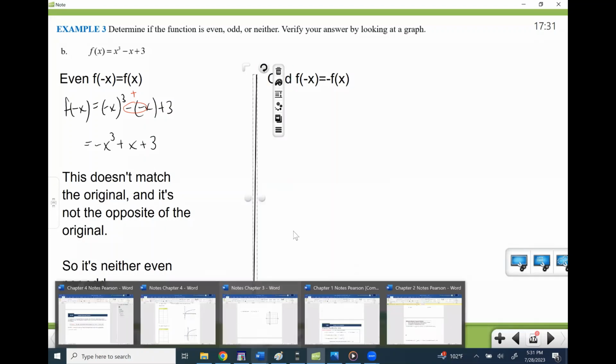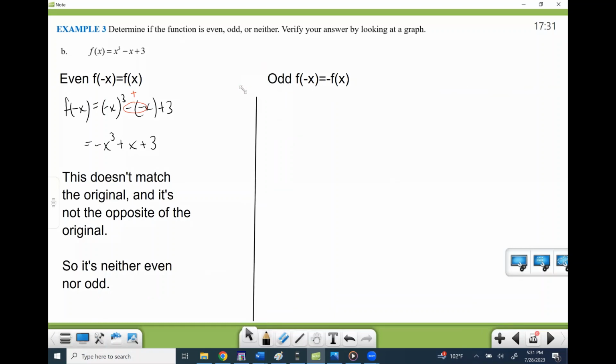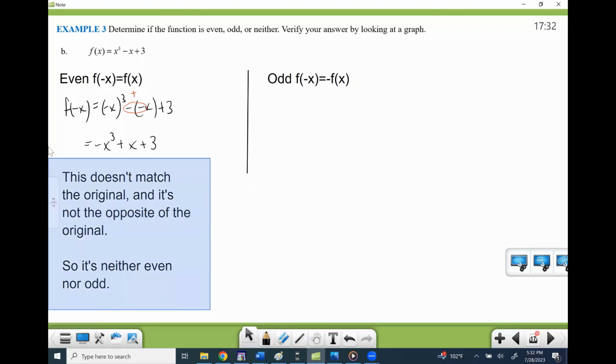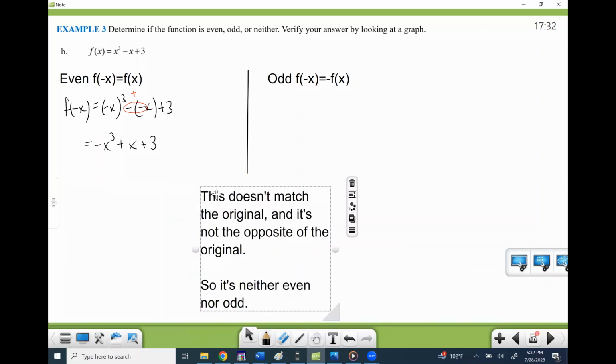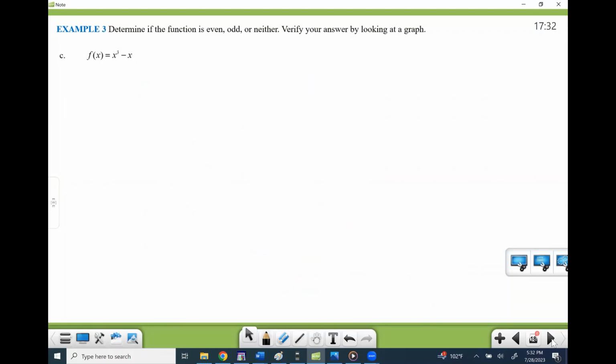Cool. This doesn't match the original, and it's not the opposite of the original, so it's neither even nor odd. All right, let's go ahead and check.